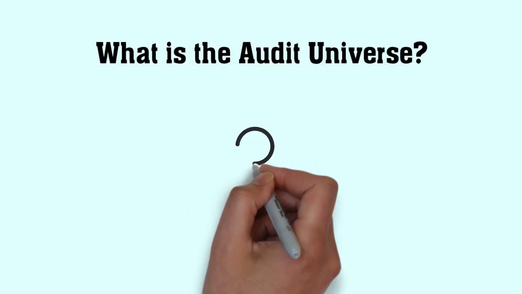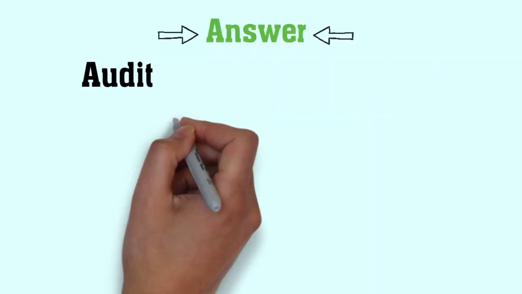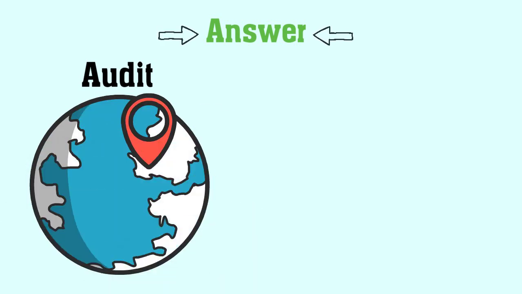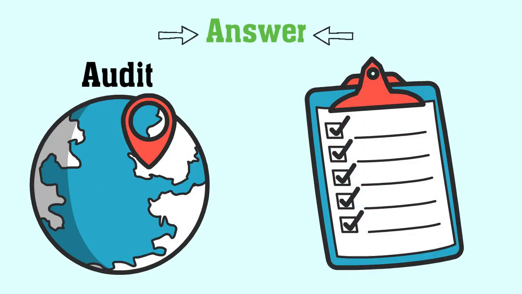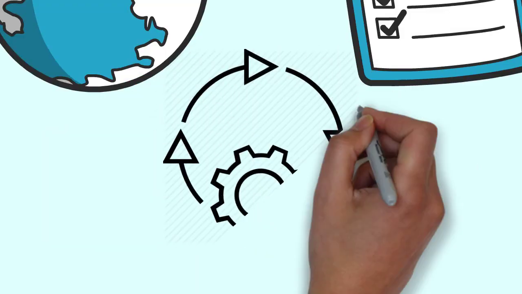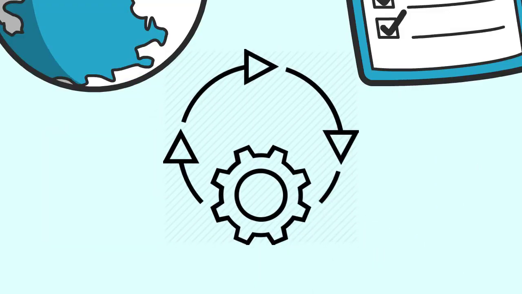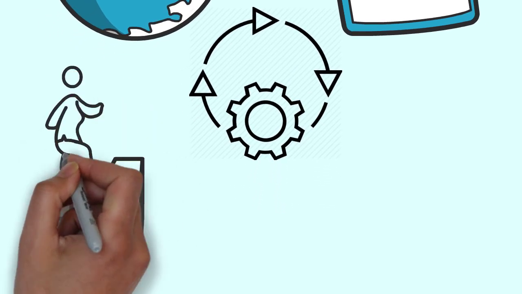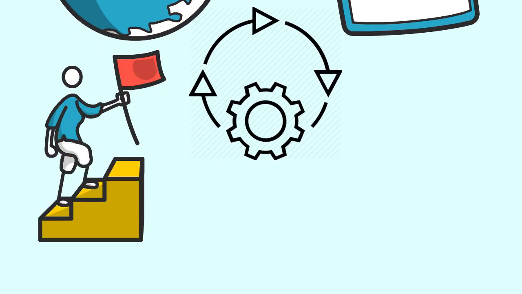What is the audit universe? The audit universe is the list of all possible engagements that could be performed, and the list will need to be refined over time with changes in management's objectives. There are a number of sources that the chief audit executive will use to establish the audit universe.